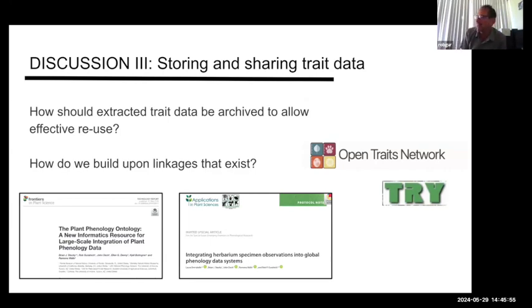Deb, that's a great question on trait standardization. This is such an interesting one because it subtends across a bunch of communities, and every community has their own trait definition.